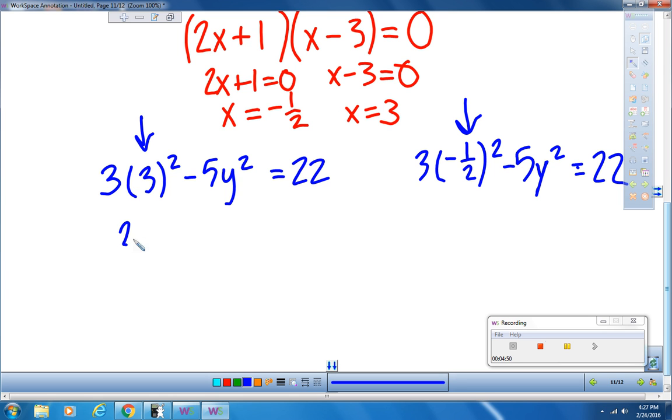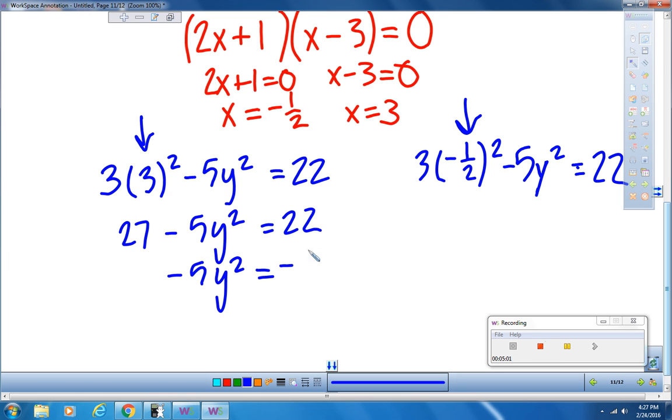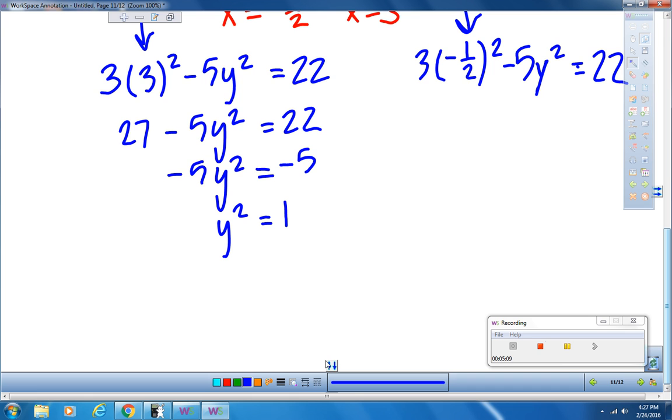I have 27 minus 5y squared equals 22. When I subtract 27 from both sides, I have negative 5y squared equals negative 5. Dividing both sides by negative 5, I have y squared equals 1, which means I need to take the positive and negative square root of both sides.